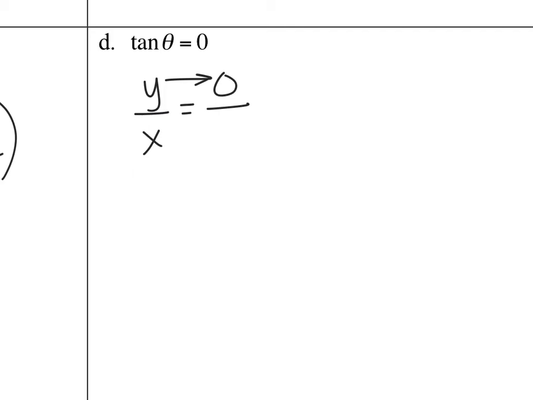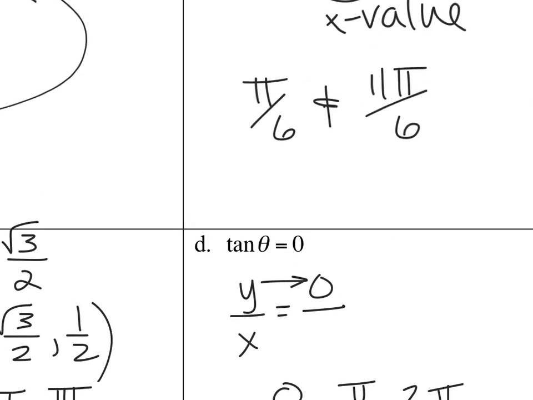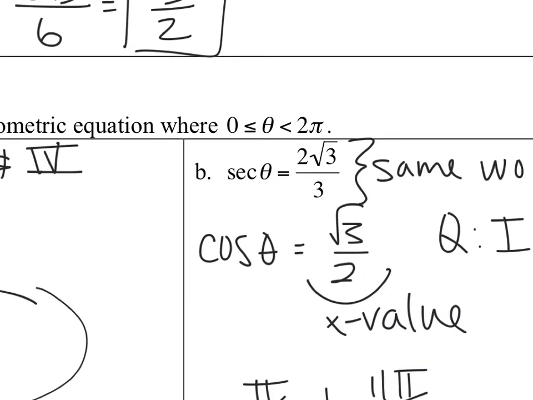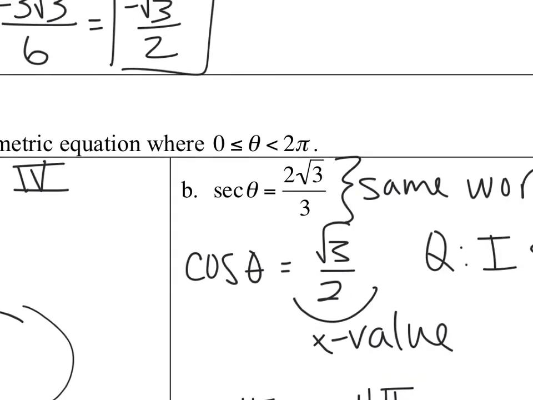I'm glad you said that because here's the difference that we have to do. You said 0, you said pi, and you said 2 pi, right? I didn't pull attention to this at the beginning, sorry about that, but this right here says 0 is less than or equal to theta, which is less than 2 pi.